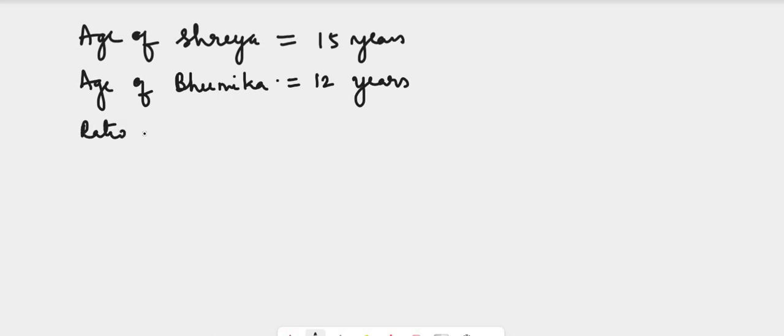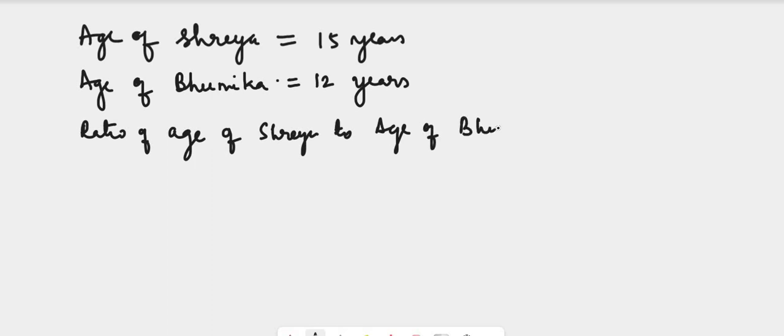Ratio of age of Shreya to age of Bhumika is equal to 15 years to 12 years. So years will cancel, and 3 5s are 15 and 3 4s are 12.